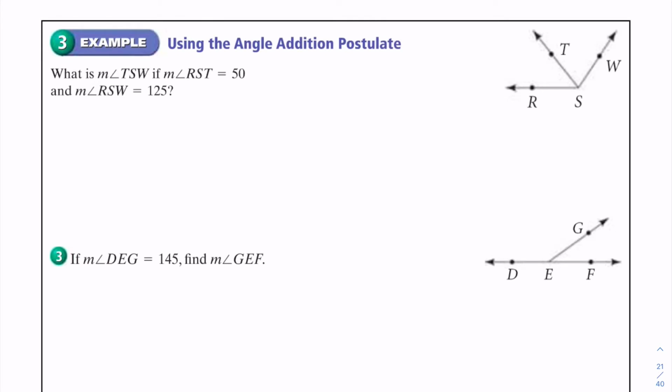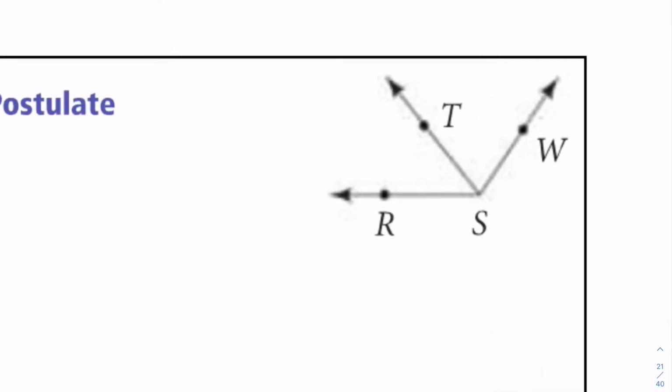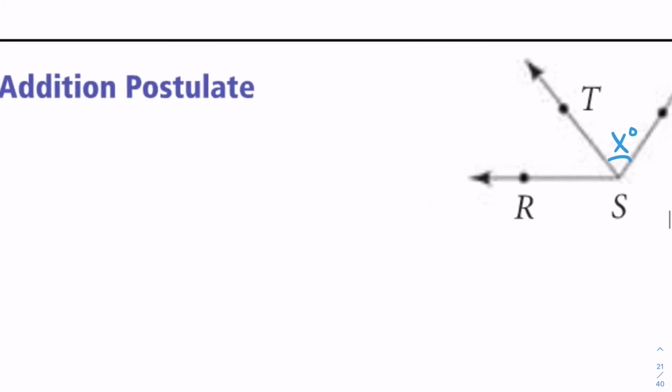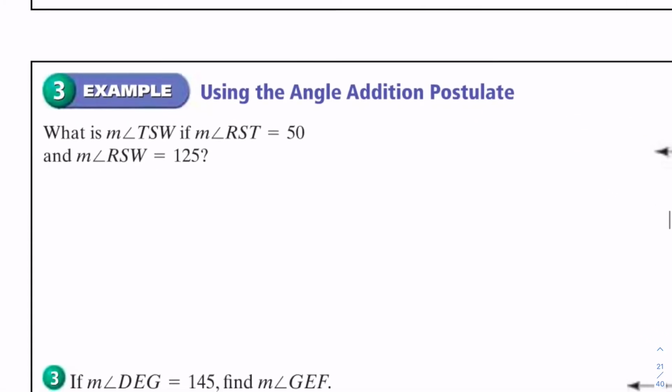So what is the measure of TSW? So the question here is, what is the measure of TSW? I'm going to put an X here, and I'm going to put a degree just so that we know that X is not a letter like S, R, T, or W. So it's not a point. It is an angle measure that I don't know. So X degrees. What I do know is that RSW is 125 degrees, and I know that RST is 50 degrees.